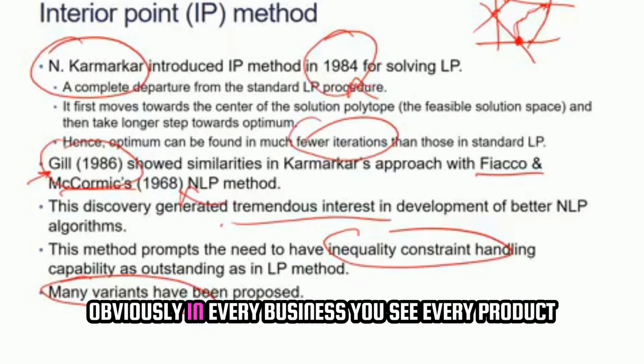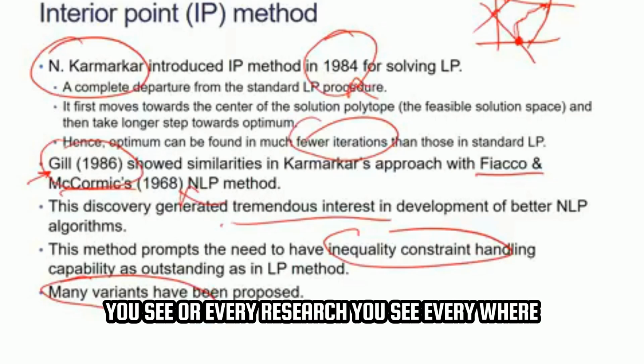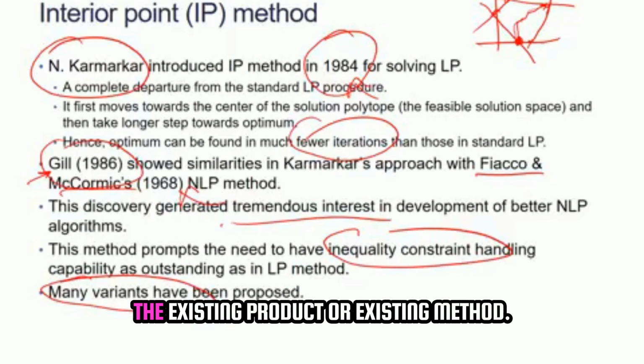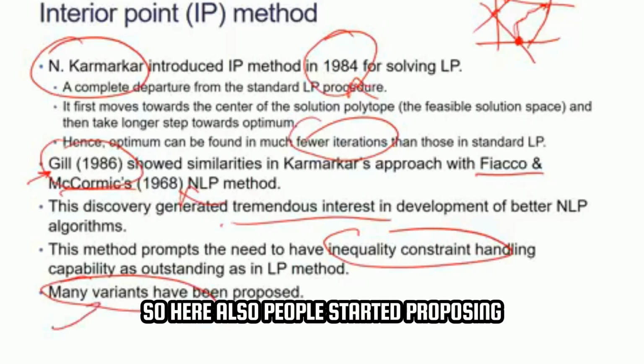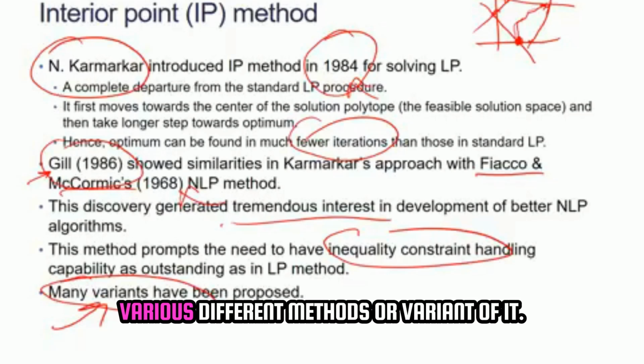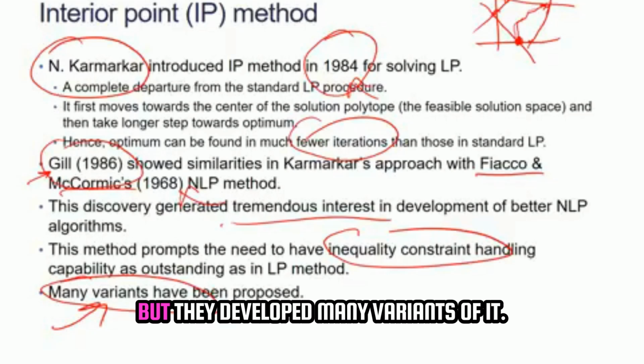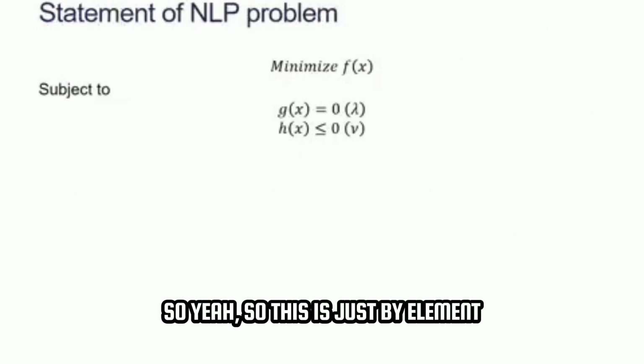In every business, every product, every research, people always try to improve upon the existing product or method. So here also people started proposing different variants. The baseline of the problem was always the same, but they developed many variants of it.